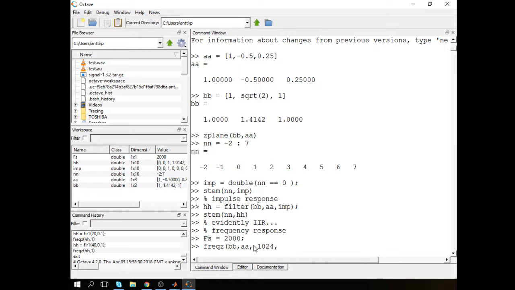Again, it's a good idea to use a power of 2 here, since this frequency response is calculated using the discrete Fourier transformation. And for numbers that aren't 2 to the power of something, it will take a little bit longer. You wouldn't see the difference though, but okay. And then the last parameter is the sample rate.